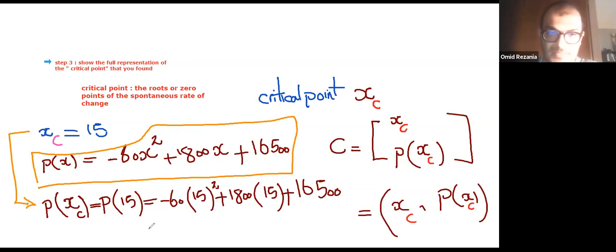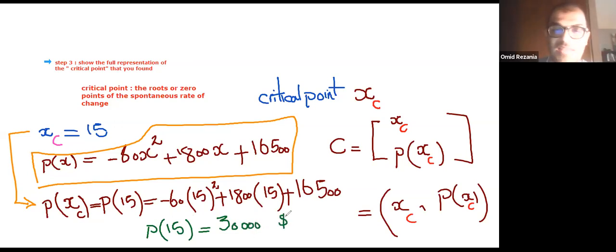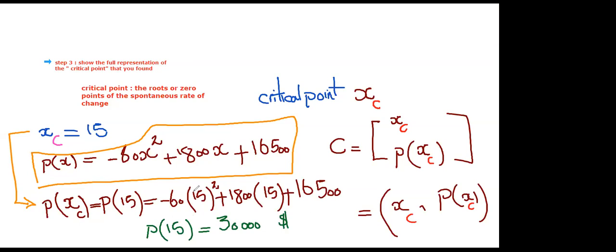And you get what? If you use your calculator, I think it's going to get to 3000, which we can call dollars because it represents dollars. Right? Everyone is fine?